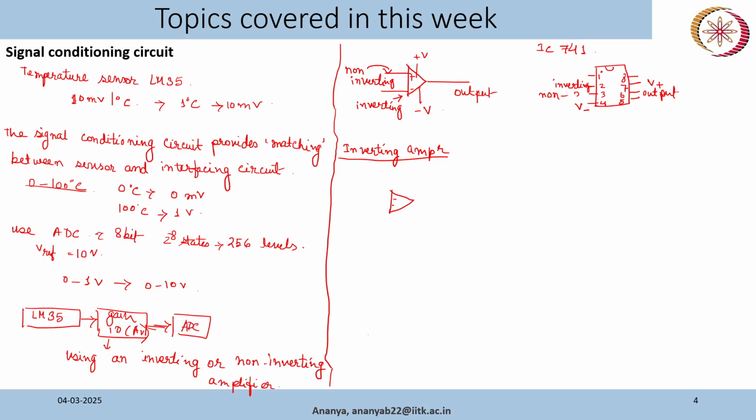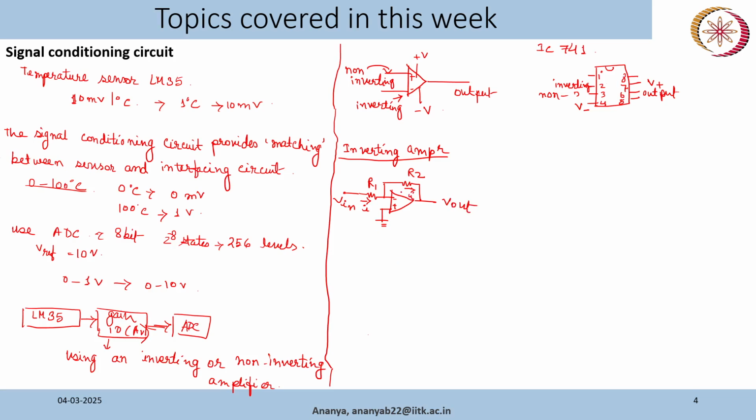This is negative, positive, and this terminal will be ground, and we will connect our input here, V in. This is the first resistor and this is the second resistor, and this is our output. So this is R2 and this is R1, and a current I is flowing here. This is V out.